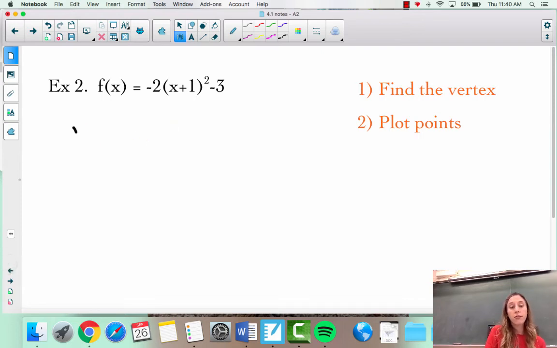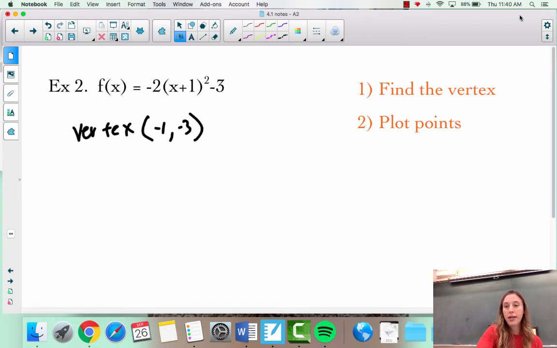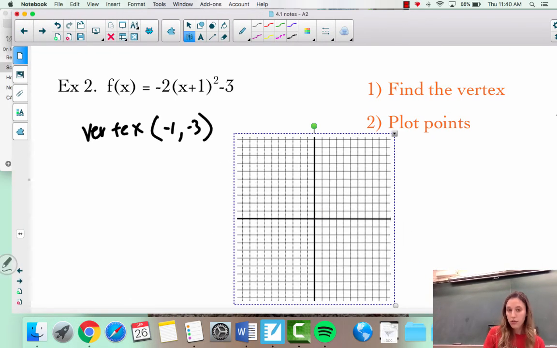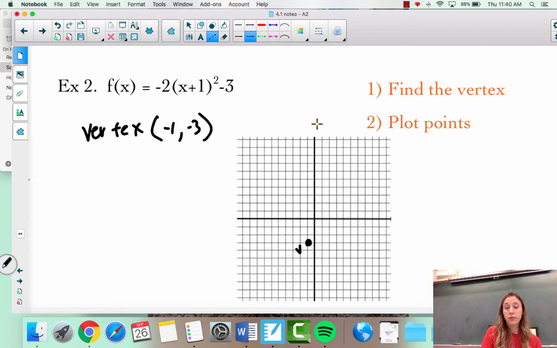My vertex, if I look at my equation, is going to be at negative 1 and then negative 3. And we could go ahead and graph that. Let me get some graph paper here. So negative 1, negative 3. And if you wanted to, you could go ahead and draw your axis of symmetry in as well, because remember, it goes right through it.